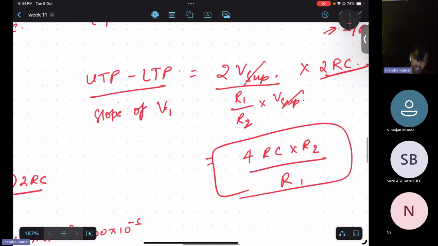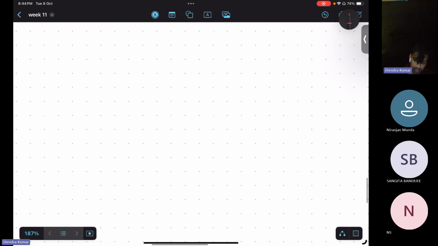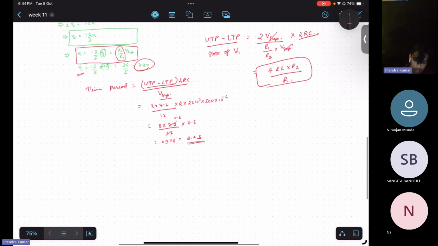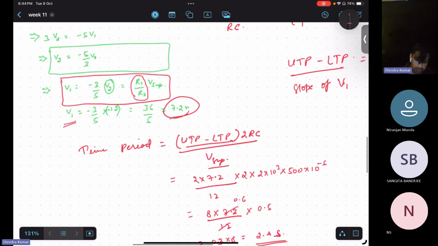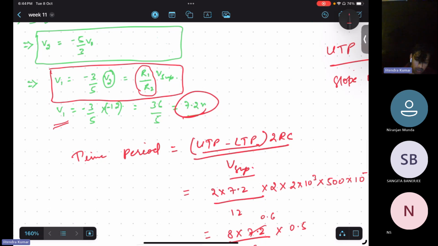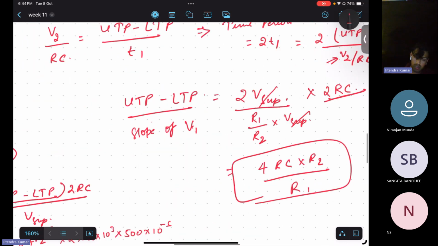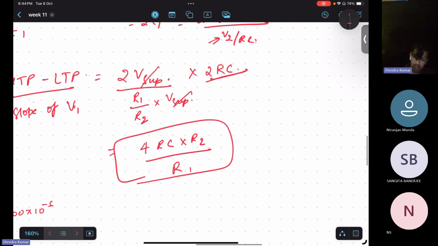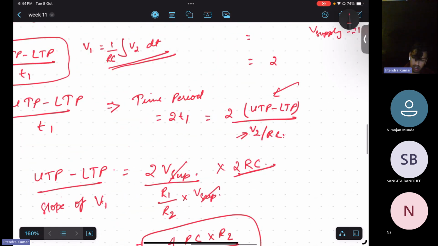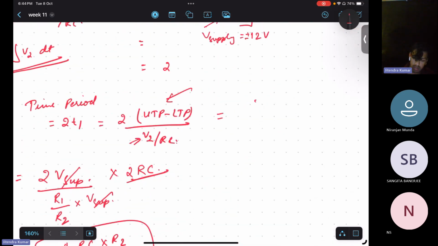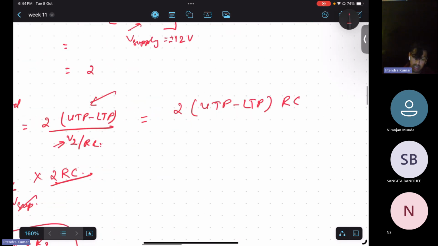So I have derived the UTP minus LTP relationship here for you. Either you can plug in the slope of V1 directly, so here we have written 2 times UTP minus LTP into RC divided by V2.